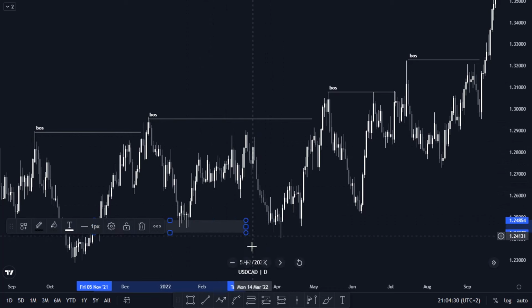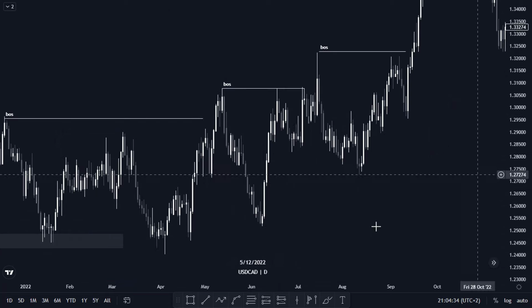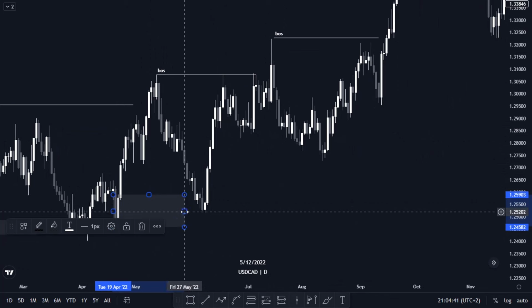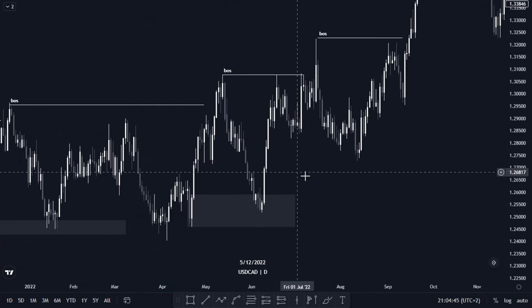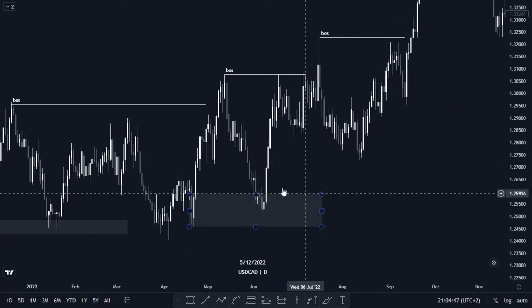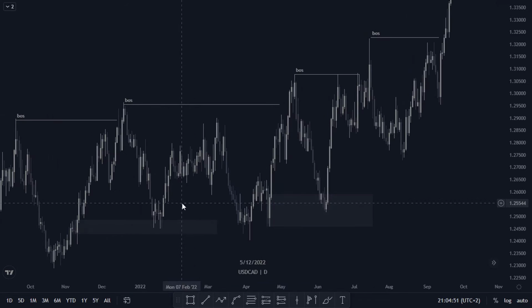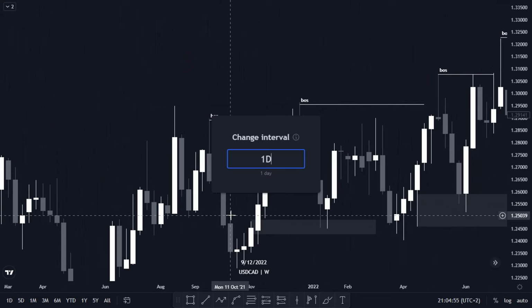Okay, it's completely cool, but then price eventually pushed to the upside and respected this other block and then pushed to the upside. Okay, so let's move to the weekly chart here and see what we have. Okay, the daily chart.